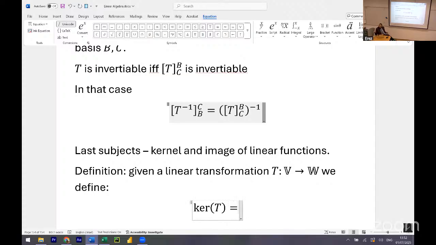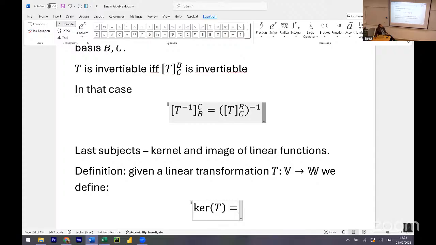What does the word kernel tell you? For Hebrew-speaking people, they usually are not even familiar with the word kernel. It's like a grain, it's the core of something, like a popcorn kernel.